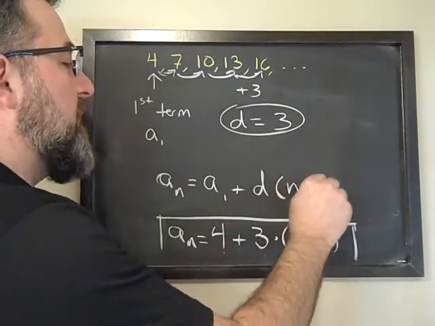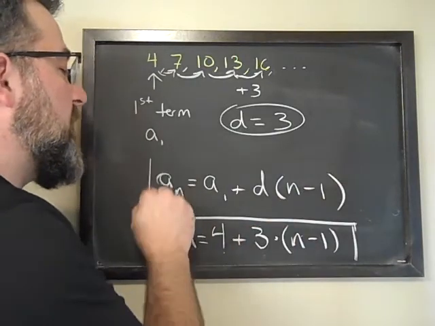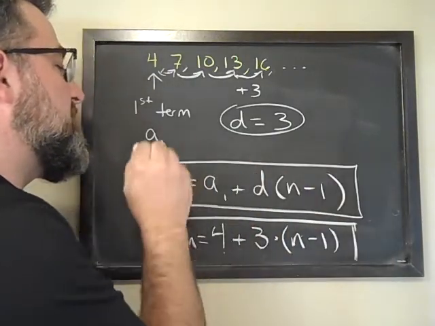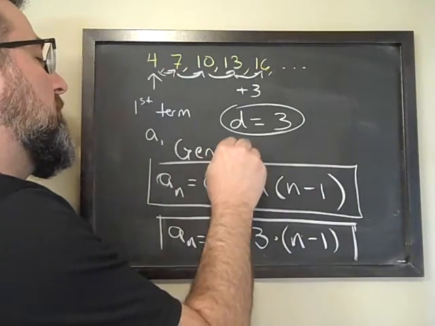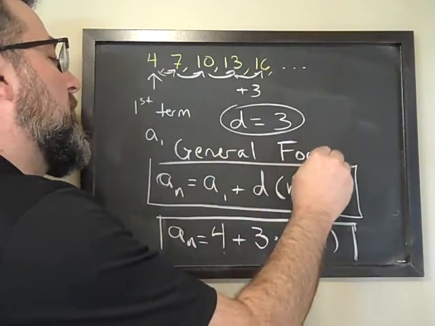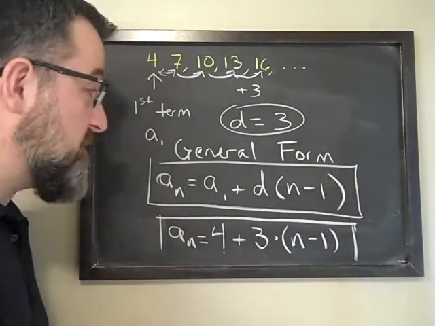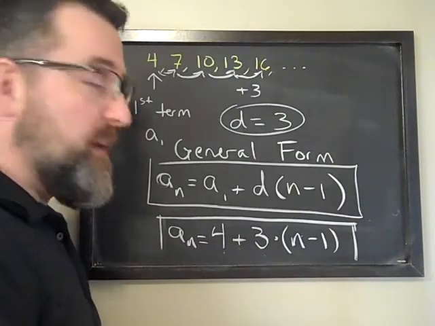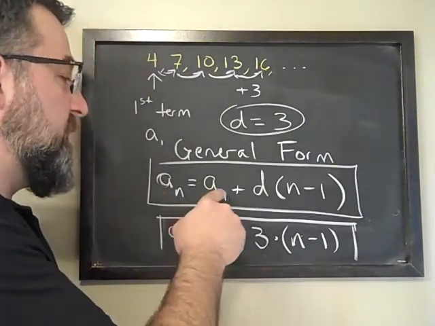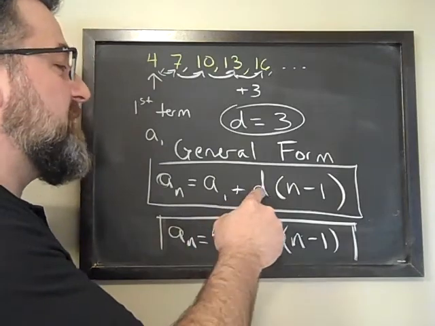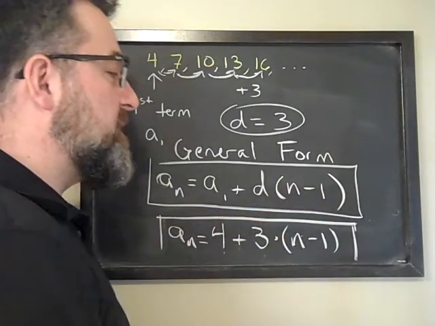And then multiply it by n minus 1. This right here is the general form for the function for any arithmetic sequence. A sub n is the first term plus the constant difference times n minus 1.